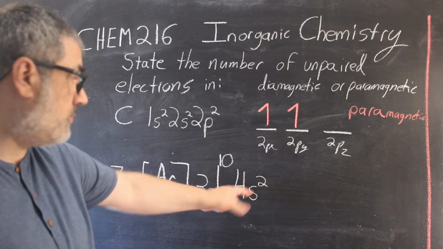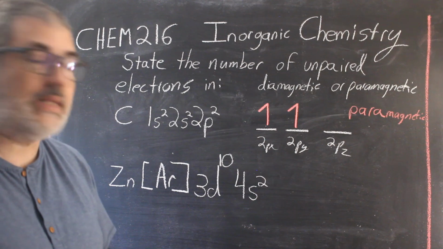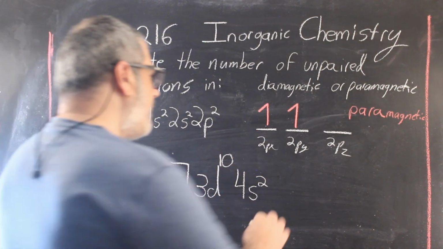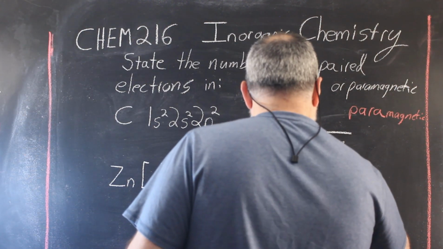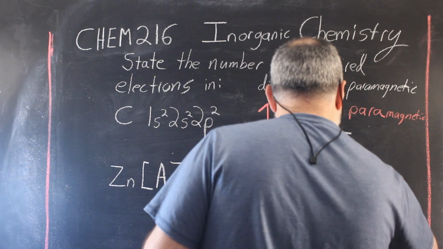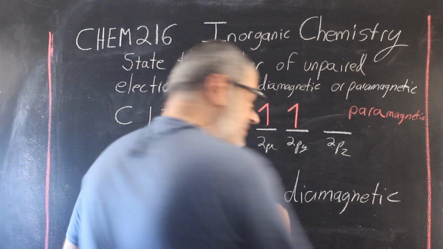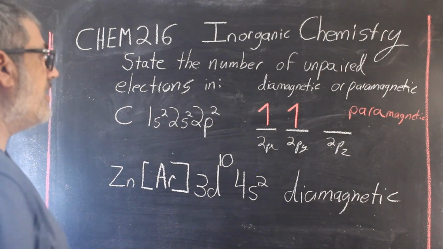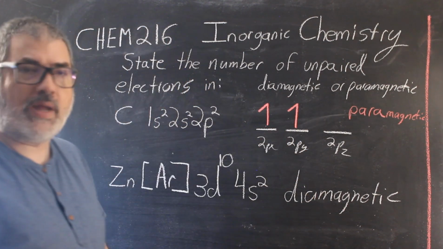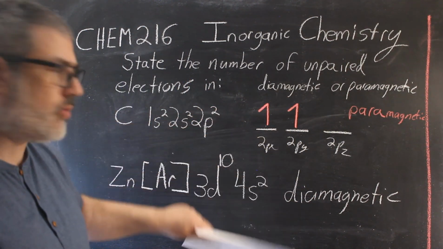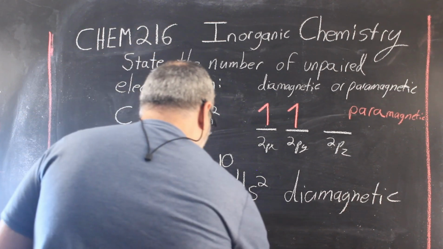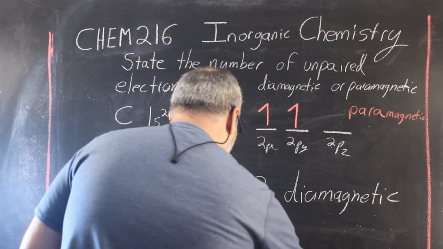The 4s2, well, the s can only hold 2 electrons, and it's full. Therefore, this must be diamagnetic, and 0 unpaired electrons, right? So again, here I didn't write it down, but by inspection, you can see it's 2, and here it's 0 unpaired electrons.